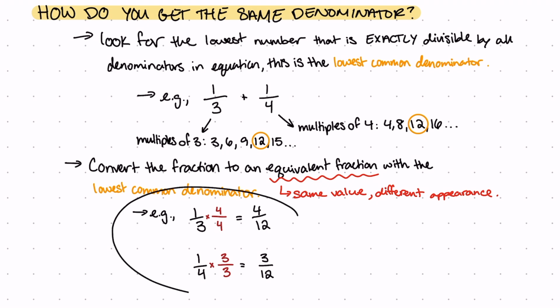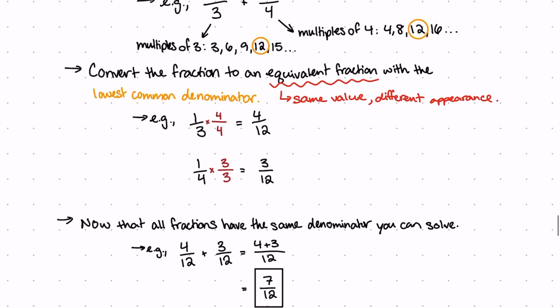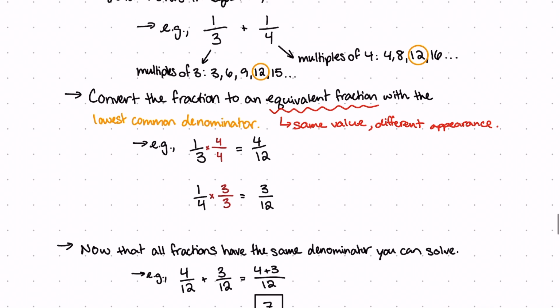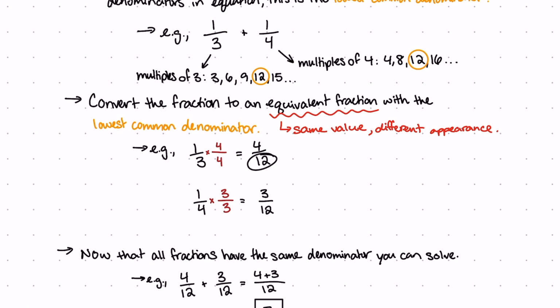So if we look down here, we have 1/3 and we want an equivalent fraction with a 12 in the denominator. So we're going to multiply by 4/4, and that will give us 4/12. And we do something similar for the 1/4. So we're going to multiply that by 3/3 to get 3/12.